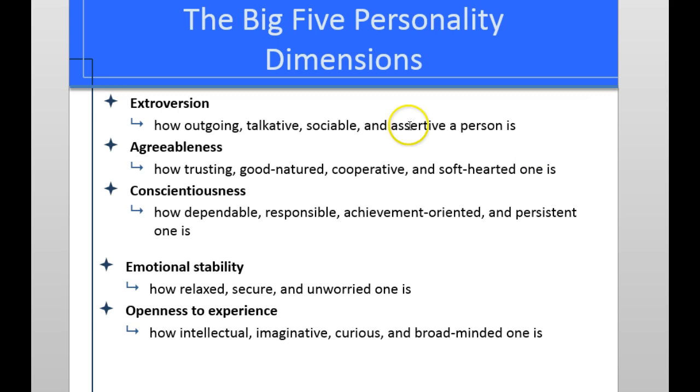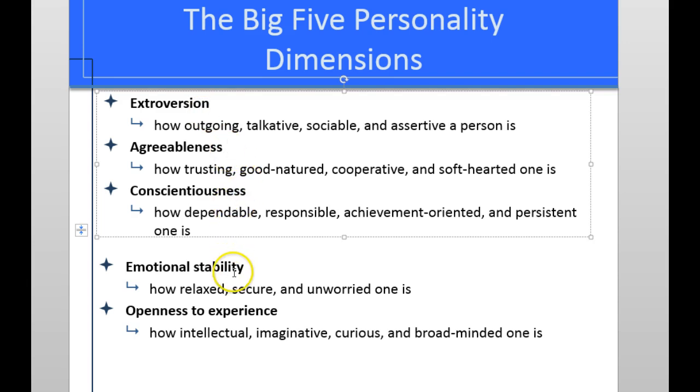But everybody is different. And that's what we try to do when we start doing personality tests and assessments. One big one is the Big Five personality dimensions, and we're going to do one of these in class so that you can measure your extroversion, how agreeable you are, conscientiousness.